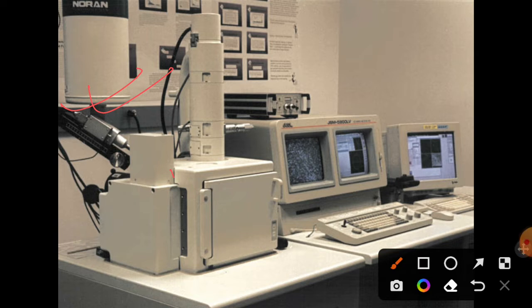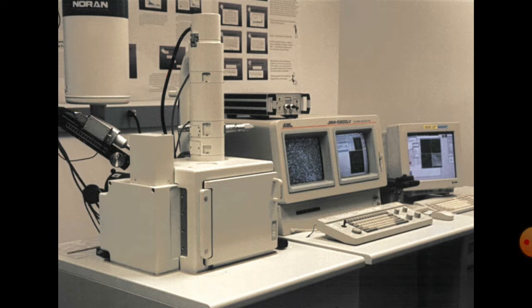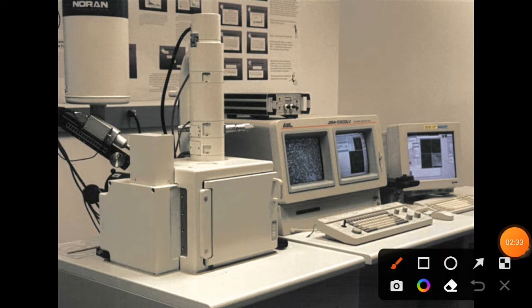Scanning electron microscopy, what can you understand from the full form of SEM? That we are using electrons to scan the specimen, isn't it? So that is the idea.